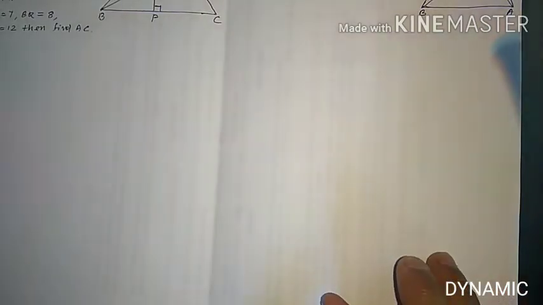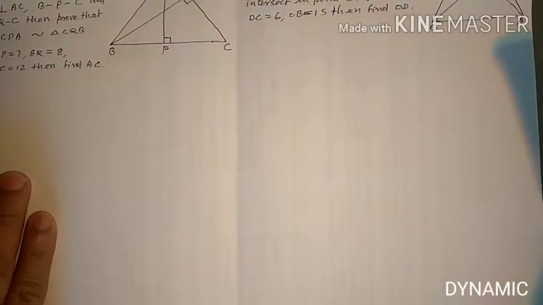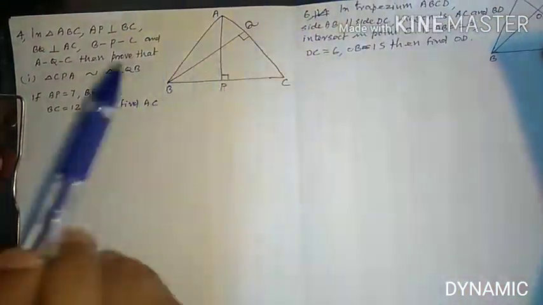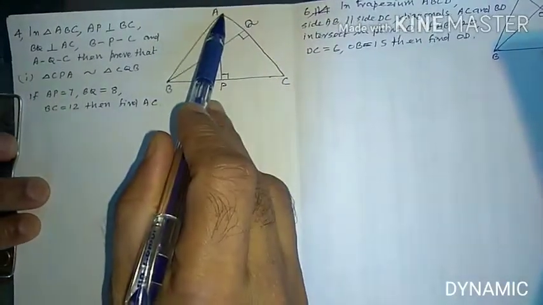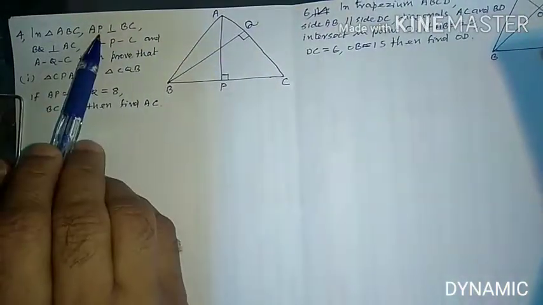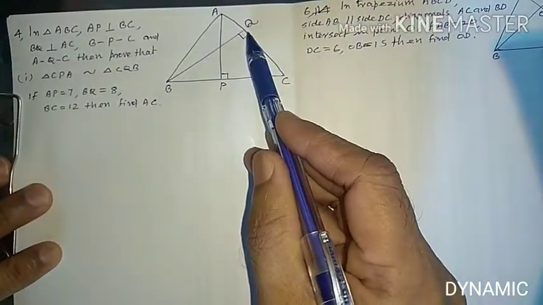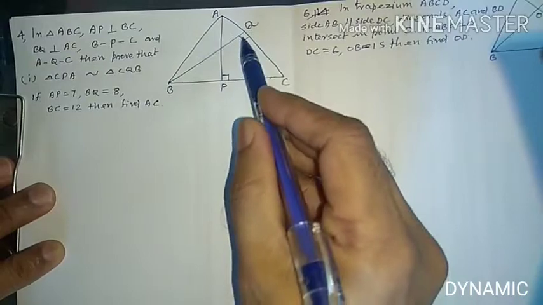Now question number 4. Here given in triangle ABC, AP is perpendicular to BC. BQ is perpendicular to AC.